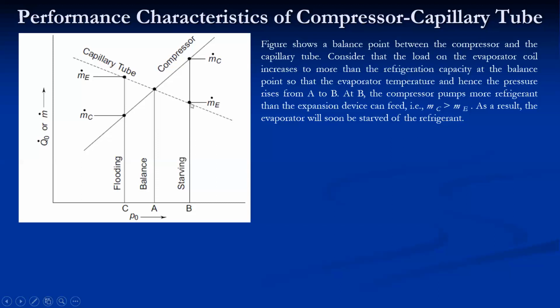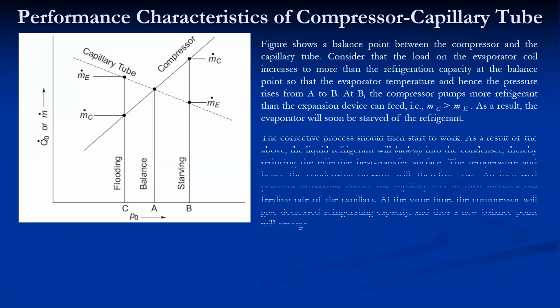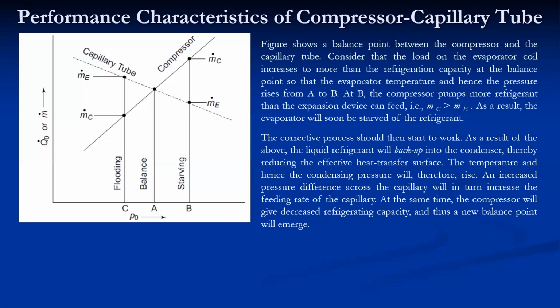Now this is an unbalanced condition, but it is temporary. What will happen? The correction process immediately starts. Here the compressor draws more refrigerant, so more refrigerant is entering the condenser. Obviously because of that, the condensing temperature increases, because more refrigerant is going to the condenser.